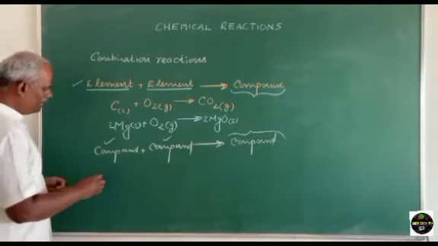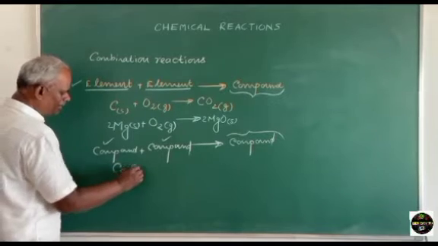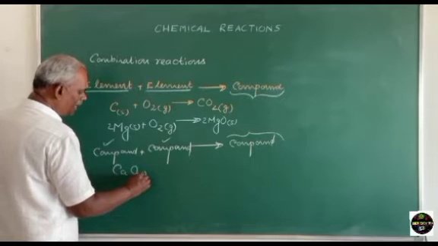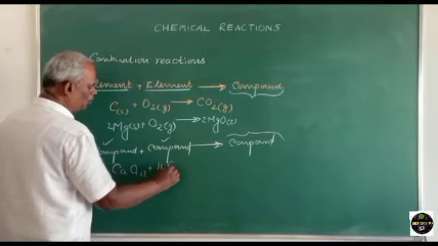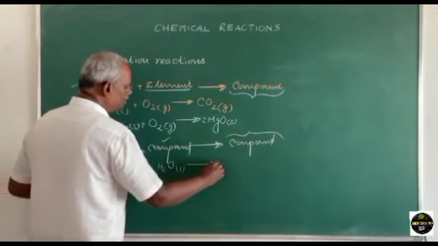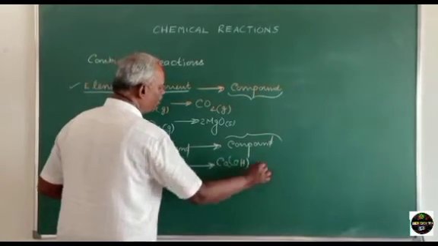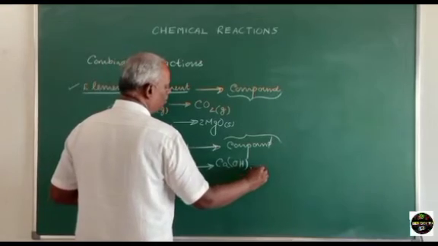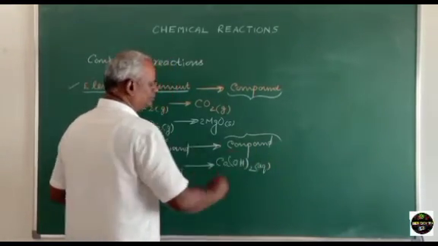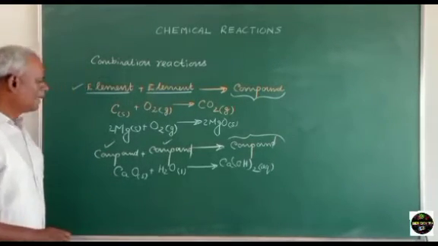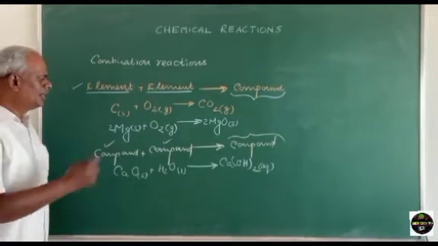Just for an example, calcium oxide, CaO, the lime, when it is in contact with water, H2O, in the form of liquid, these two can combine with each other to form calcium hydroxide, which is in aqueous form. The calcium hydroxide solution, the slaked lime, we will get. And the equation is almost self-balanced.